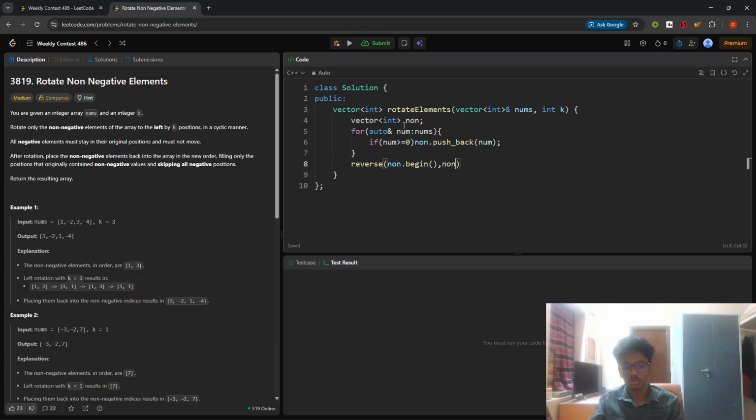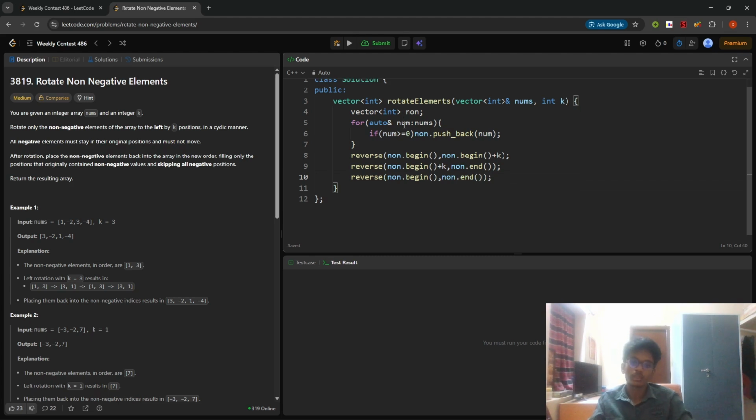Non dot begin to non dot begin plus k, and non dot begin plus k to non dot end, and non dot begin to non dot end. Okay, you will be reversing this, and once again you will be placing it back.